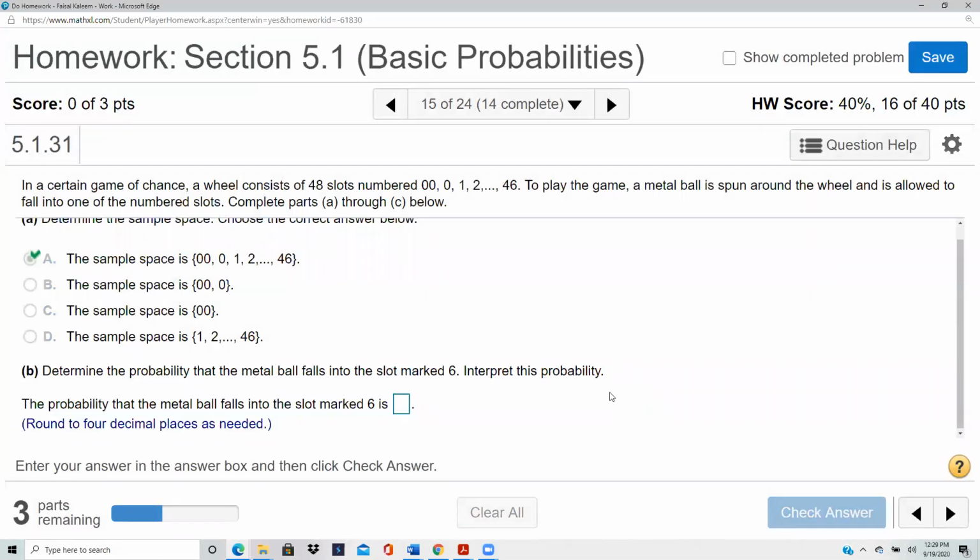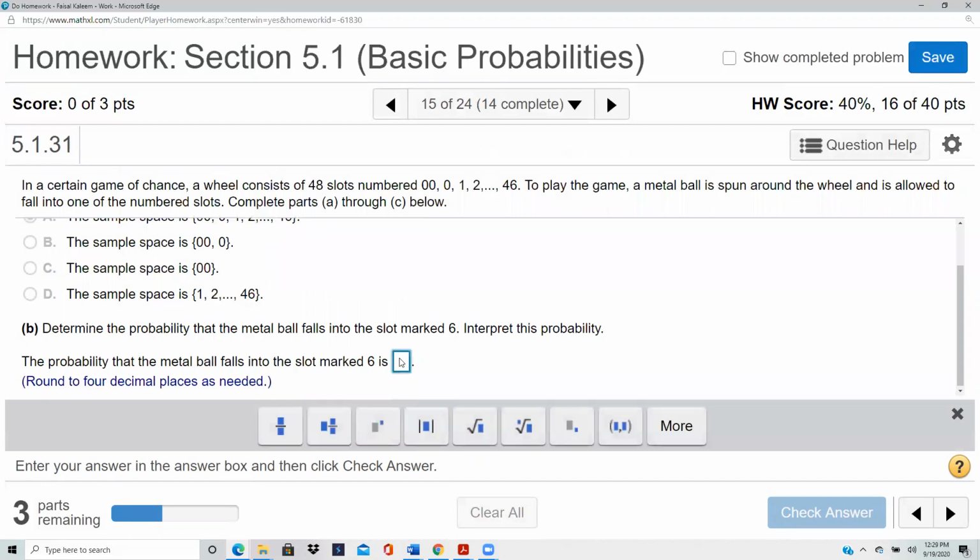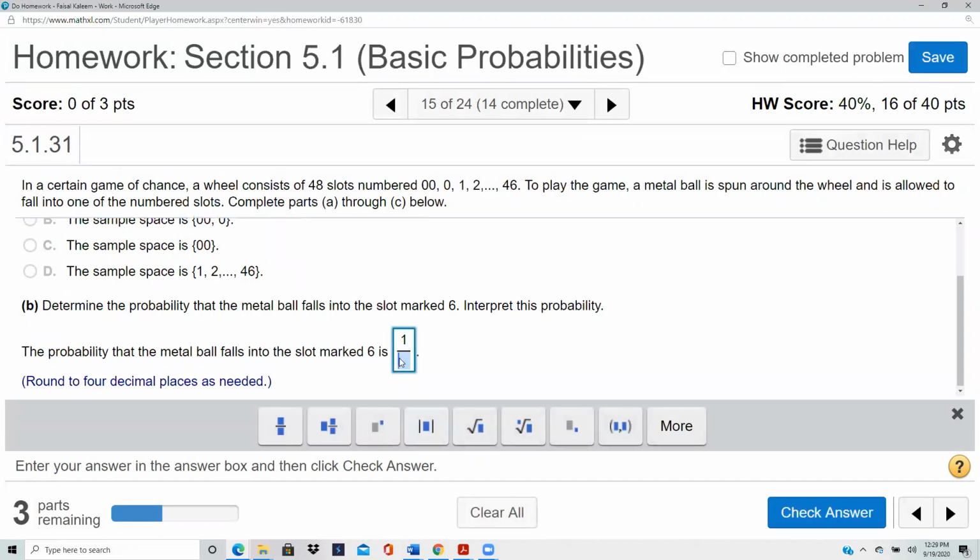Determine the probability that a metal ball falls into the slot marked 6. So the slot marked 6 is just 1 out of the total 48 slots. So it's just 1 out of 48, and they want it to 4 decimal places. So 1 divided by 48 is 0.0208.